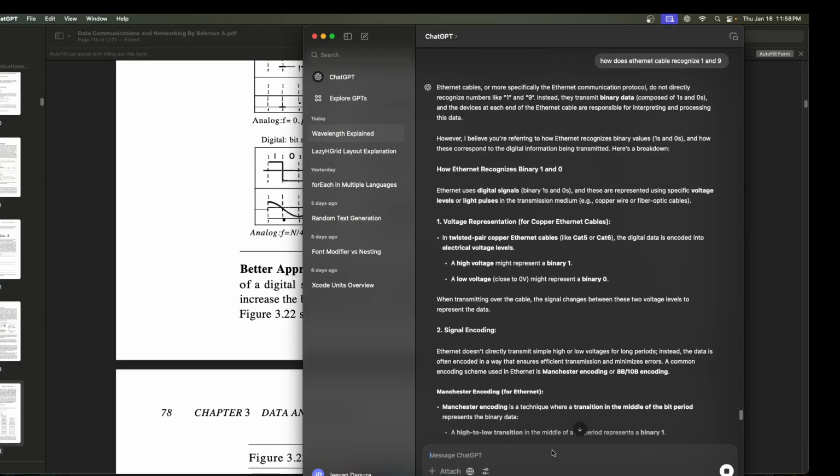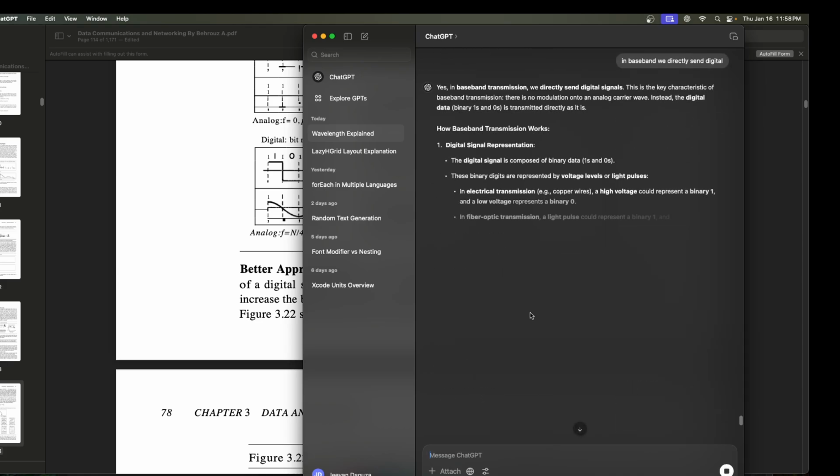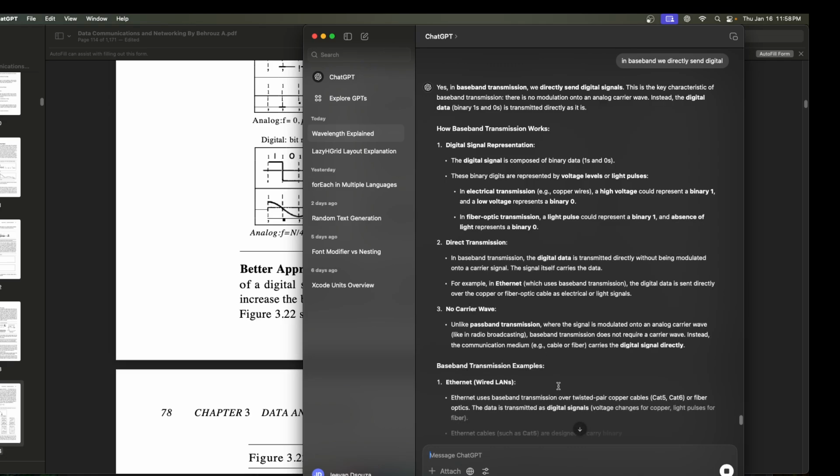In baseband we directly send digital. Indirectly it's going to get converted to electrical, but baseband does not.